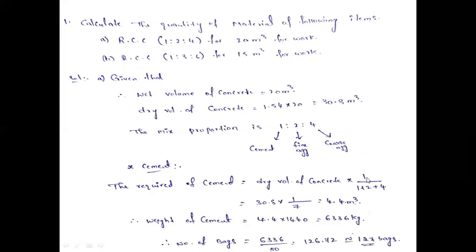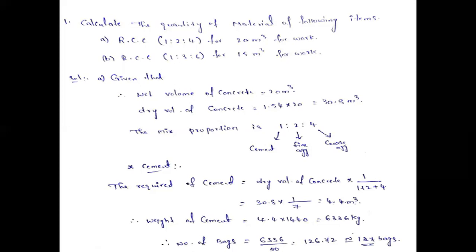So dry volume of concrete is 30.8 into 1 divided by 1 plus 2 plus 4. So 30.8 divided by 7 equals 4.4 cubic meters.